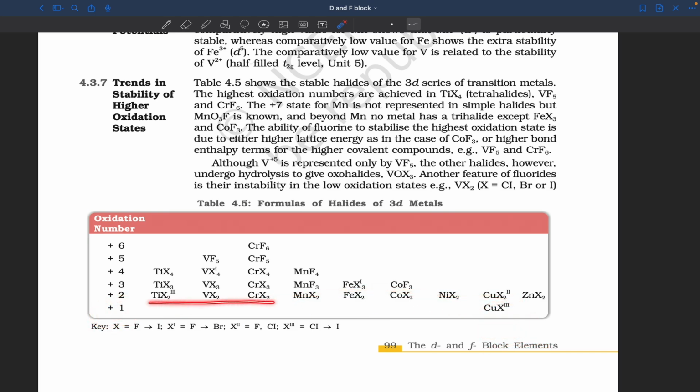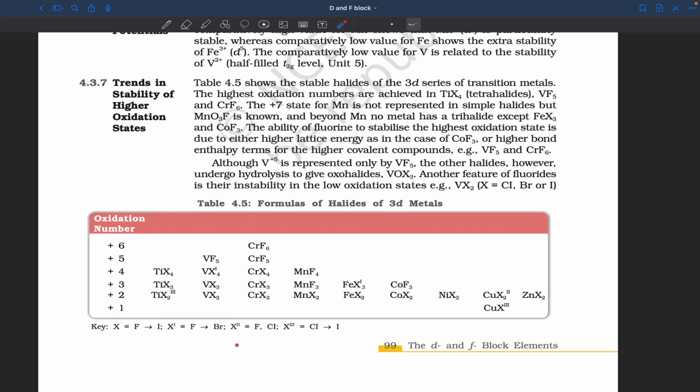Plus 2 is formed by almost all elements. Plus 3 are formed by titanium, vanadium, chromium, manganese, iron, cobalt. These are considerable; the plus 3 oxidation state is stable for them. Plus 4 is shown by titanium, vanadium, chromium, manganese, right?